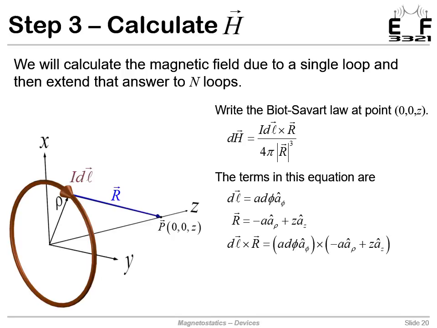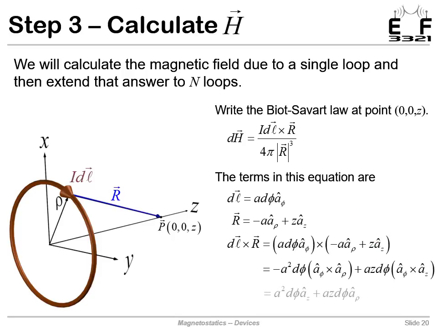The cross product. We have a cross product of dl and r. So we plug in our expression for dl and our expression for r. Now our r vector is the sum of two terms, and we can distribute this cross product so that we essentially have an a_phi cross product with a_rho, and then the second term which has an a_phi cross product with a_z.